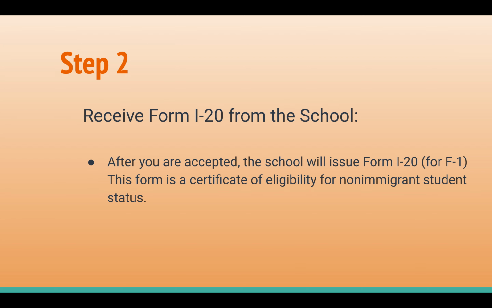After you are accepted, the school will issue a form I-20 for the F1 visa, which is the student visa. This form is the certificate of eligibility for non-immigrant student status. You need this form from that school in order to apply for a visa to the United States as a student.